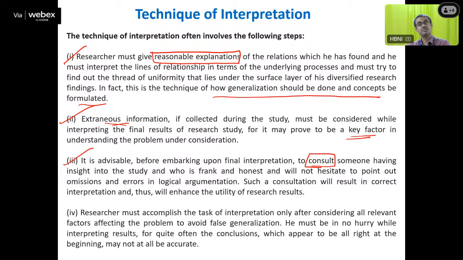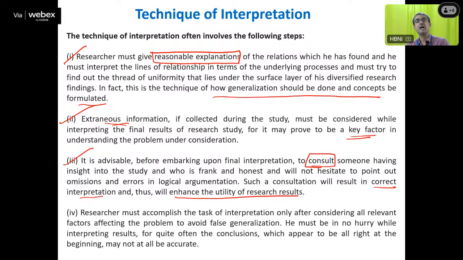So during interpretation also, such consultation is suggested or advised. Consult someone who is frank and honest and will not hesitate to point out omissions and errors in logical argumentation. Such a consultation will result in correct interpretation and thus will enhance the utility of research studies.